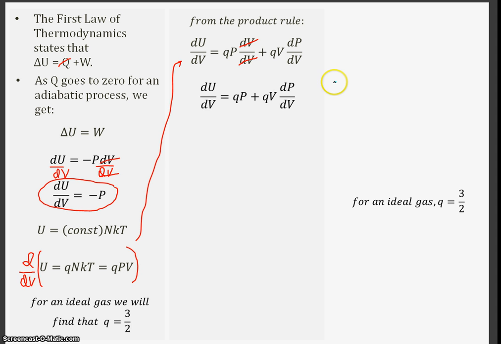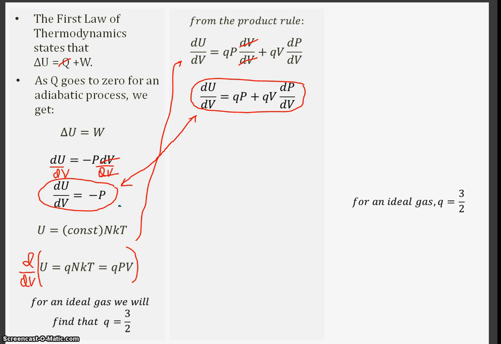All right, but that is dU/dV, the differential of the internal energy with V. But look at this. We already have done that. We said over here, by using the first law, that dU/dV is negative P. So which one is it?